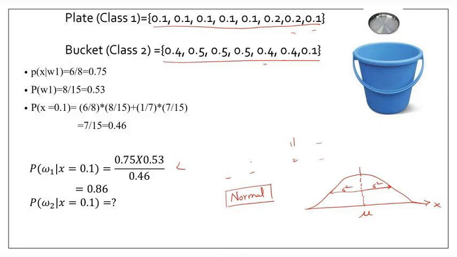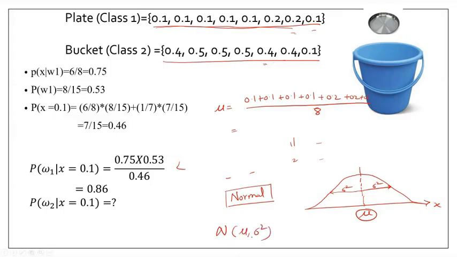Based on the samples, say 1.1, 0.1 and so on, I find mu by adding all these numbers and dividing by 8. So I compute the mean of this data. Then I take the difference from the mean, square it and add it, so I get the variance. A normal distribution you can define with the help of mean and variance.